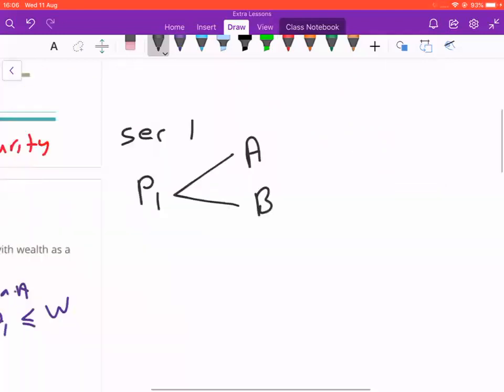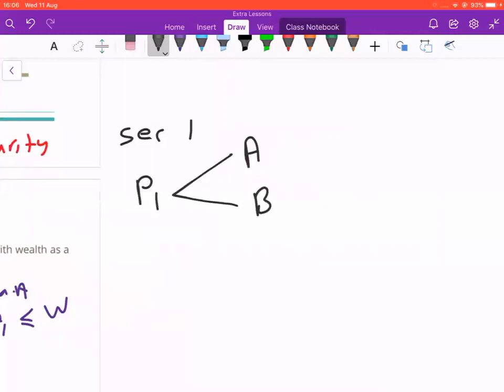So we have two states, state one and state two, right? And then we have security two, which has price two, and they pay off after a period. It's going to be, let's say, C and D, right?